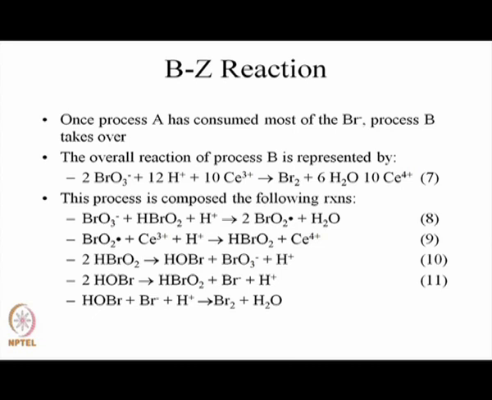Once Br minus is generated, then process A is reactivated. So this way back and forth, one time process B, another time process A. So it is switching from B to A, B to A, and correspondingly color will also change. So we will come to that.